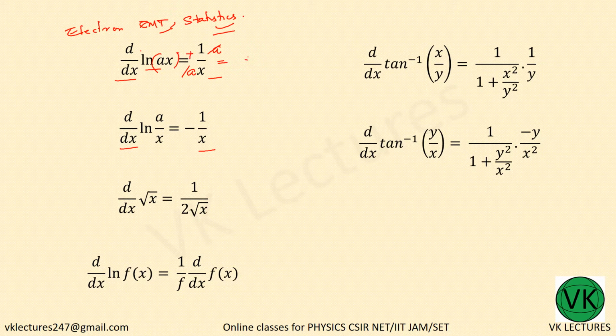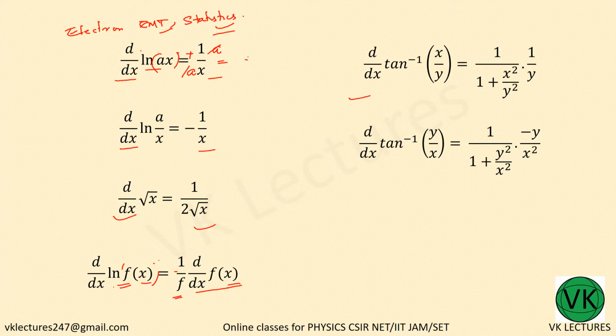This is plus, this is minus, this you know, root x, 1 by 2 root x. Now this is log f of x. The derivative is 1 by f, the function, into the derivative of that particular function. Okay, please remember, don't miss this.